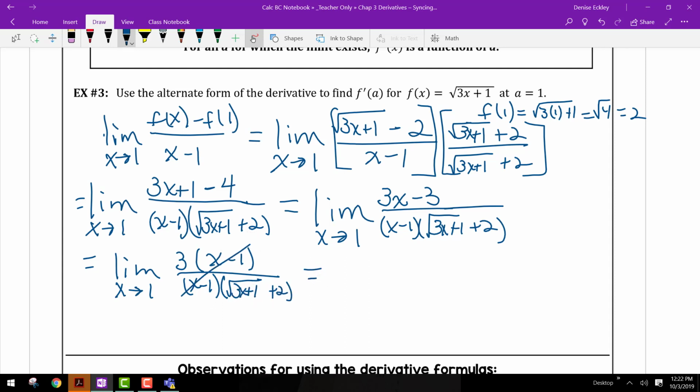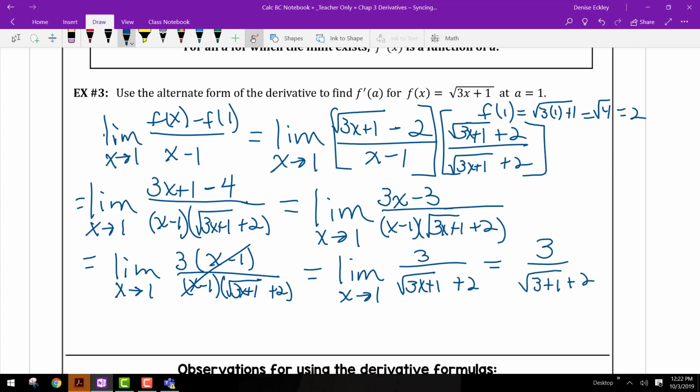Those will cancel. So I'm taking the limit as x approaches 1 of 3 over square root of 3x plus 1 plus 2. Now I can direct substitute. So this is going to be 3 over the square root of 3 plus 1 and then plus 2. So f prime of 1 is going to equal 3 over 4.